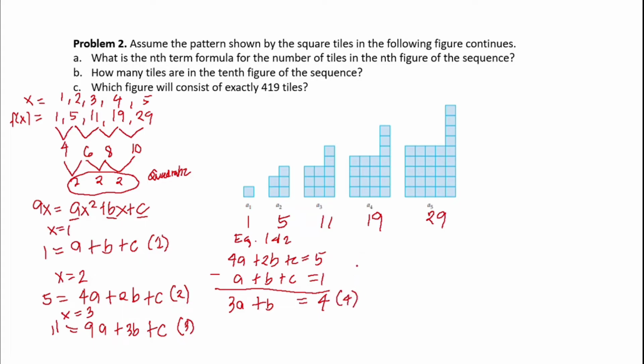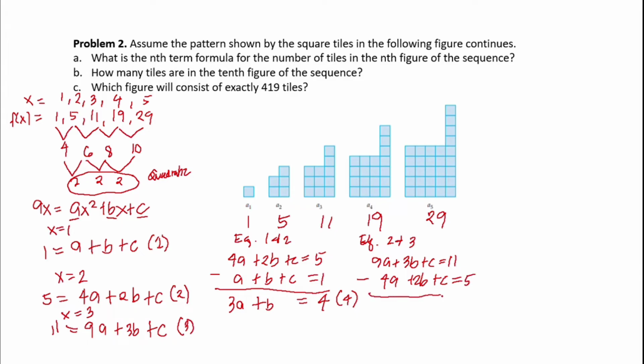Next, we have equations 2 and 3. We have 9a plus 3b plus c is equal to 11, minus 4a plus 2b plus c is equal to 5.